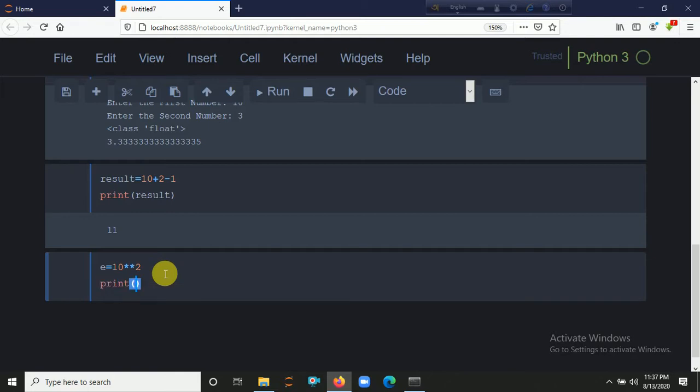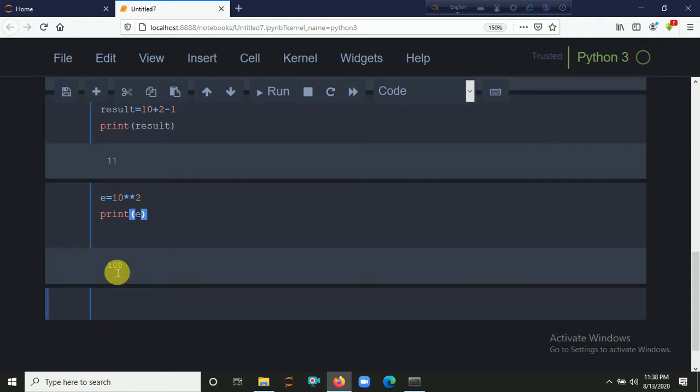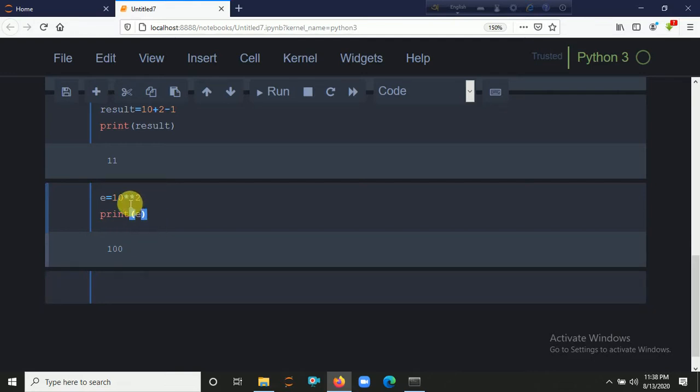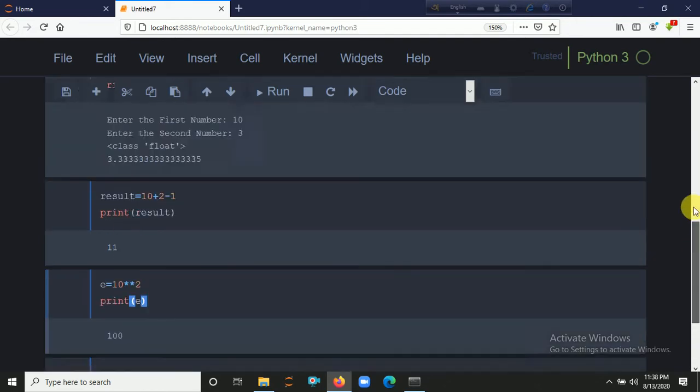If I print e, you can see 10 cross 10, and the answer will be 100. So it's called the exponential. You can also call it the square, 10 squared, 10 cross 10. I forgot it in my arithmetic expression chapter.